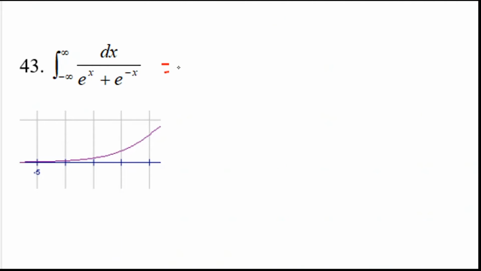So this is equal to 2 times the integral from 0 to infinity of dx over e to the x plus e to the negative x. We do know how to integrate this, because I think I did it in class once. Multiply by e to the x, and then it becomes inverse tangent. But that's not the point.